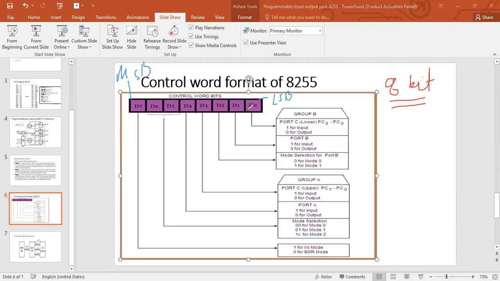Again, this 8-bit pattern is divided into two groups.